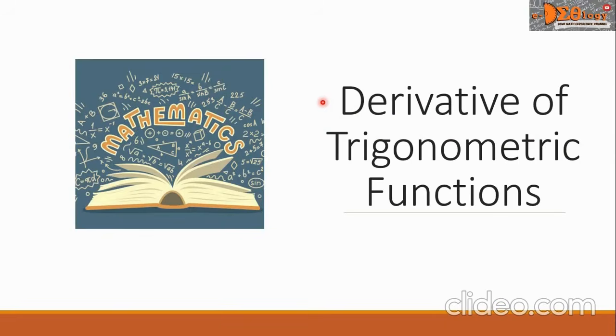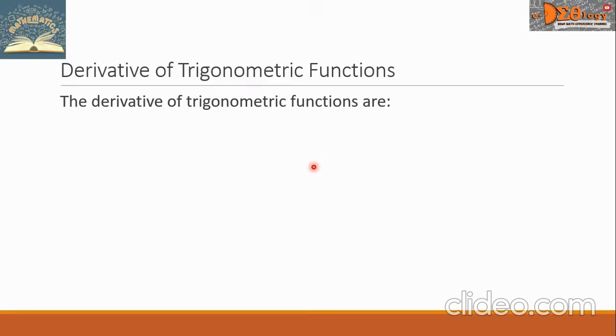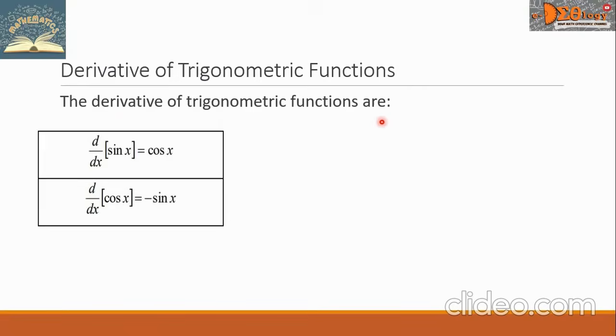Today, we're going to study derivative of trigonometric functions. The derivatives of trigonometric functions are, we wrote the first two, d over dx of sine x. This is equal to cosine x.